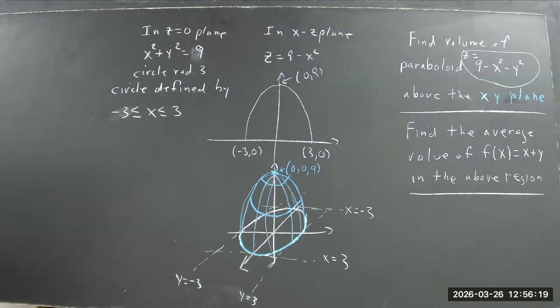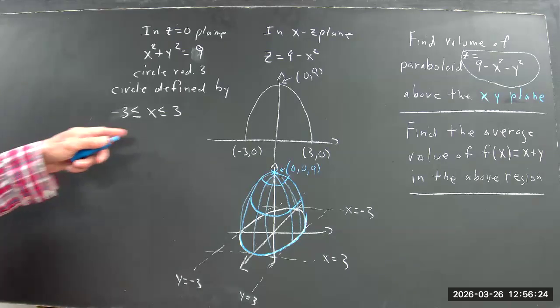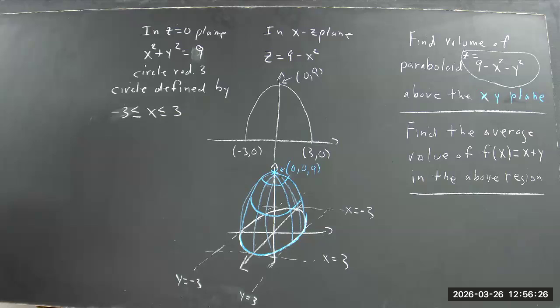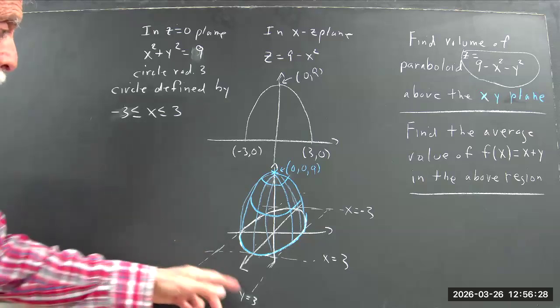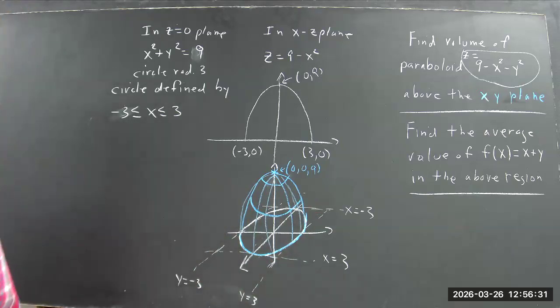It's one thing it's defined by, right? It's not y. Y doesn't go from -3 to 3. If we let y also go from -3 to 3, we get the whole blame square.